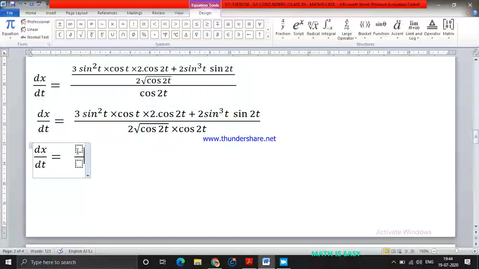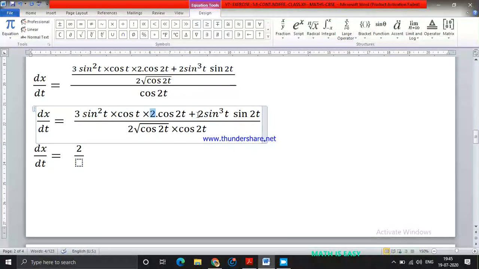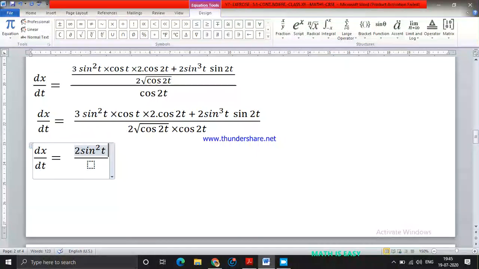let me insert the fraction. If you can take anything common, or if you don't want to, I think I'll take common. Let me see what you get. 2 will get common because 2 is here, and after the plus also 2 is there. Here you have sin square t, here it is sin cube t. That means you can take this sin square t common from both the terms. 2 sin square t will get common.